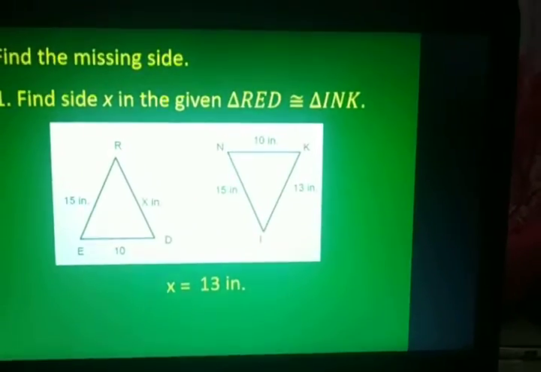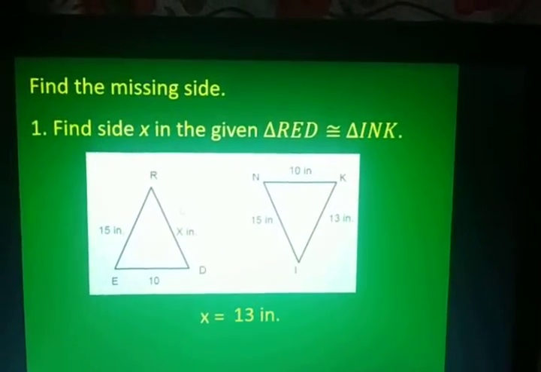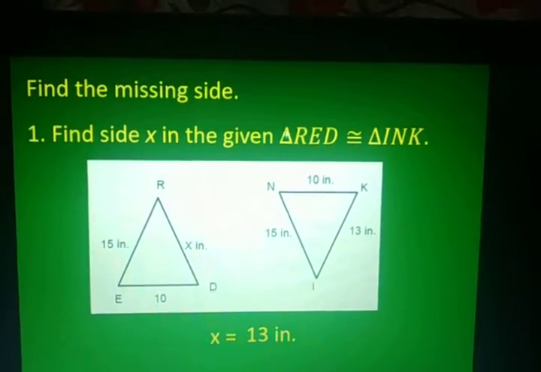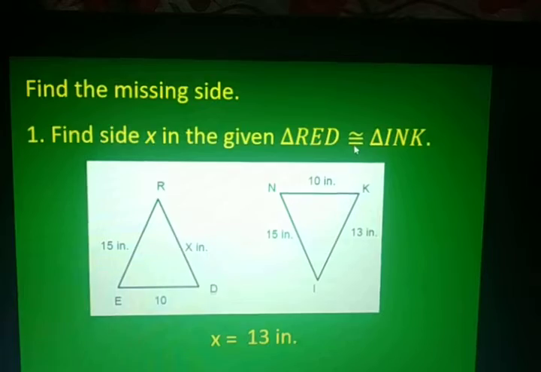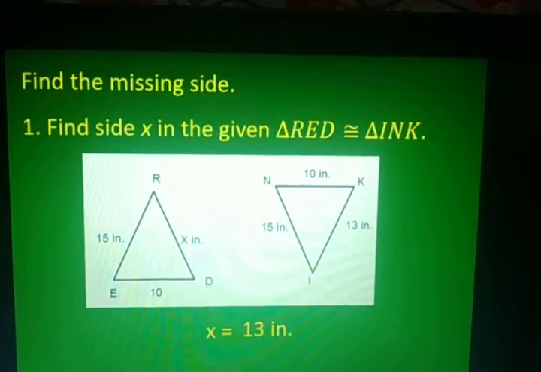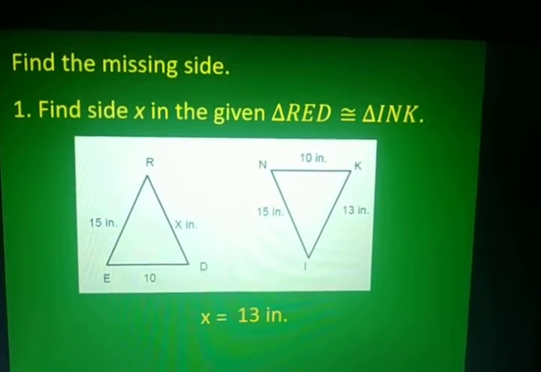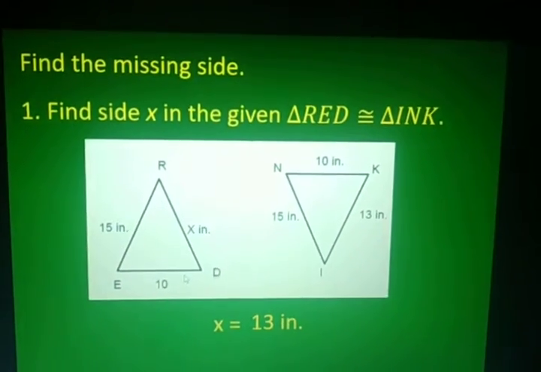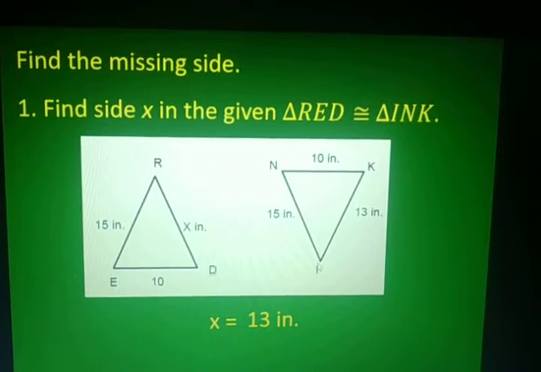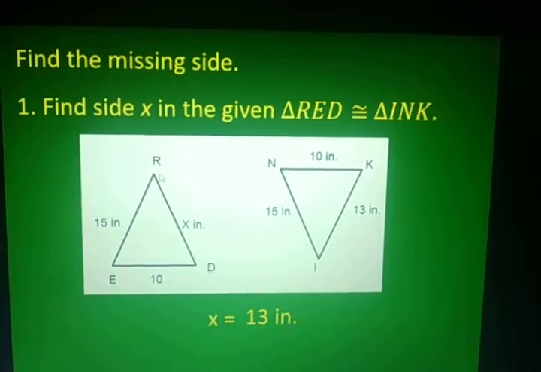Next is finding the missing side. Number 1. Find side X in the given triangle RED, which is congruent to triangle INK. So we have two triangles, triangle RED and triangle INK. In the drawing, even if INK is turned, we know the corresponding side.